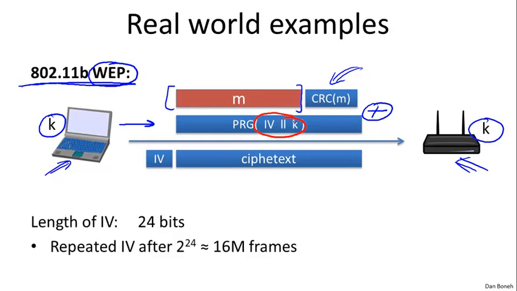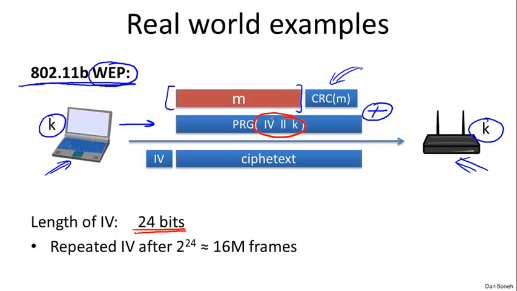This IV is a 24-bit string, and you can imagine that it starts from 0 and is a counter that increments by 1 for every packet. The reason they did this is that the designers of WEP realized that in a stream cipher, the key is only supposed to be used to encrypt one message. So they said, let's change the key after every frame.